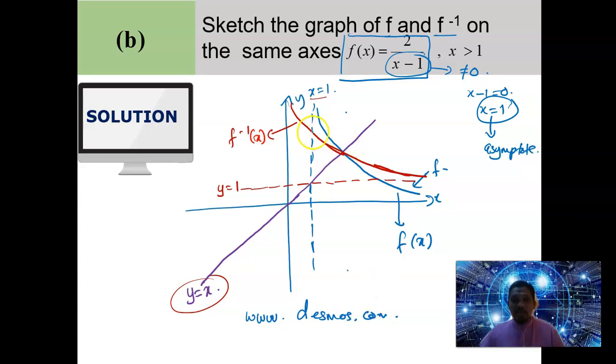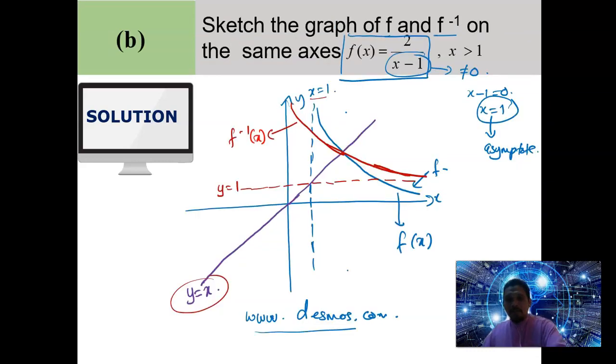Once you sketch these two graphs, you can simply fill in the function f(x) and its inverse in this website, then see for yourself the position of the graphs, and that the graph of f inverse reflects the graph of f(x) across the line y equal to x.